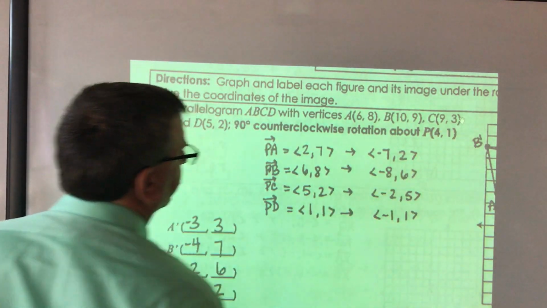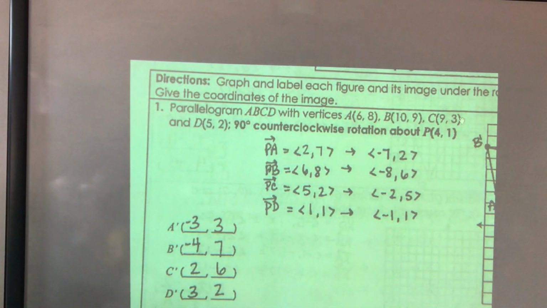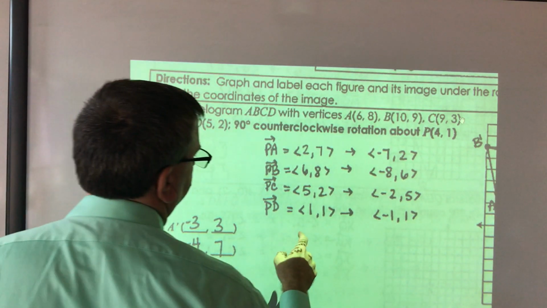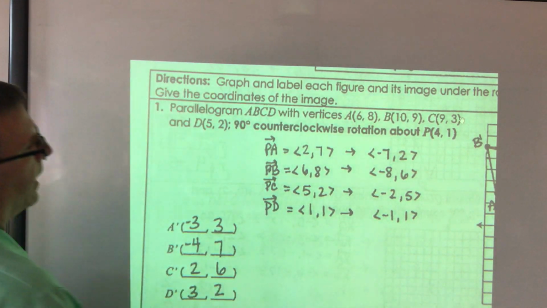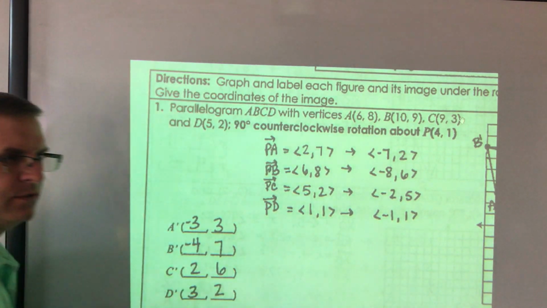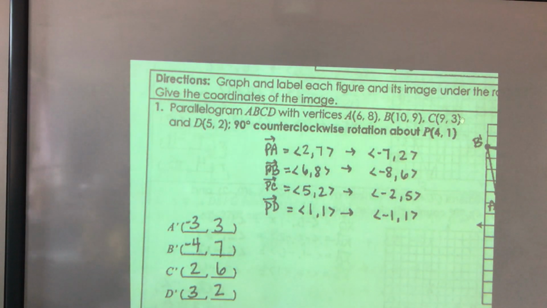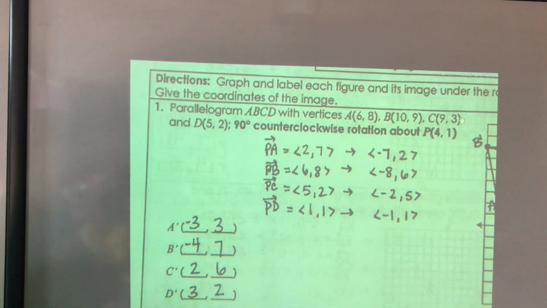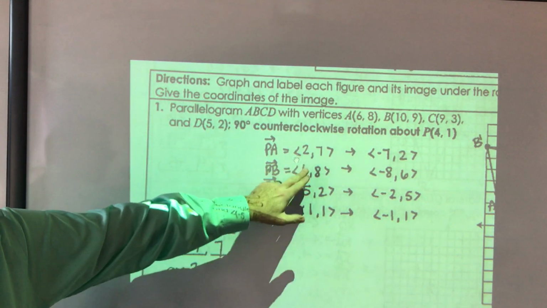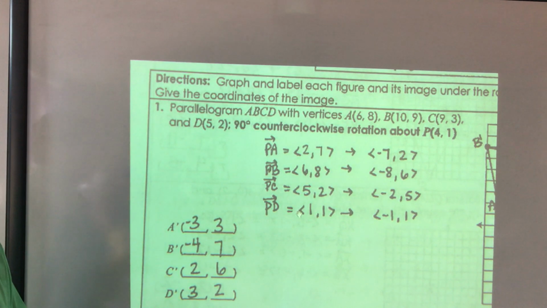From 1 to 3, I went up 2. So I have 5 and 2. Then PD. I went from 4 to 5, to the right 1. From 1 to 2, up 1. So I have a positive 1. Any questions on how I got those 4 vectors?